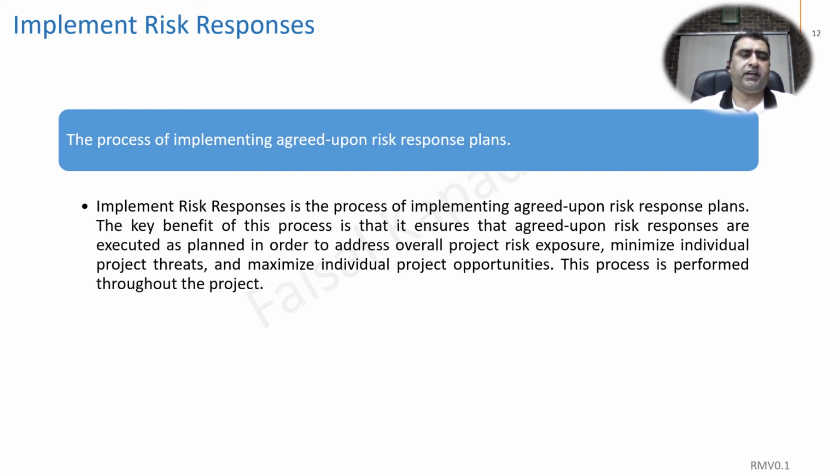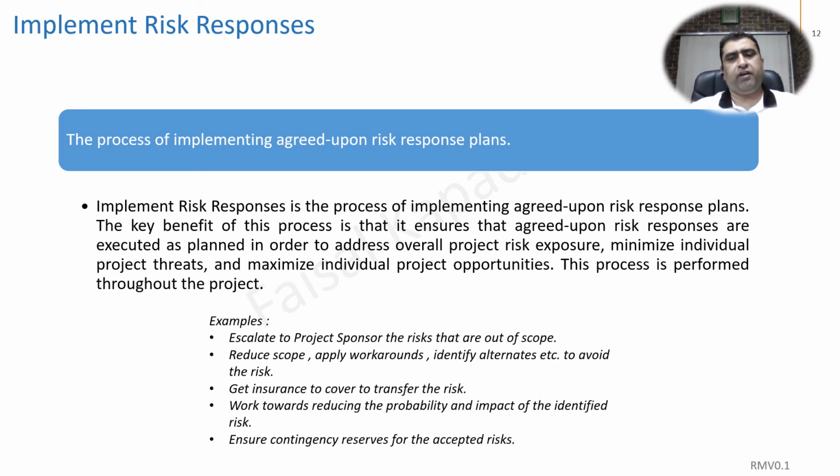Like, if we have planned a mitigation, we will do the mitigation. If we have planned the avoidance, we will do some actions to reduce or minimize the probability or impact, or we will go for the removal of that threat by our actions or the plan that we have set.